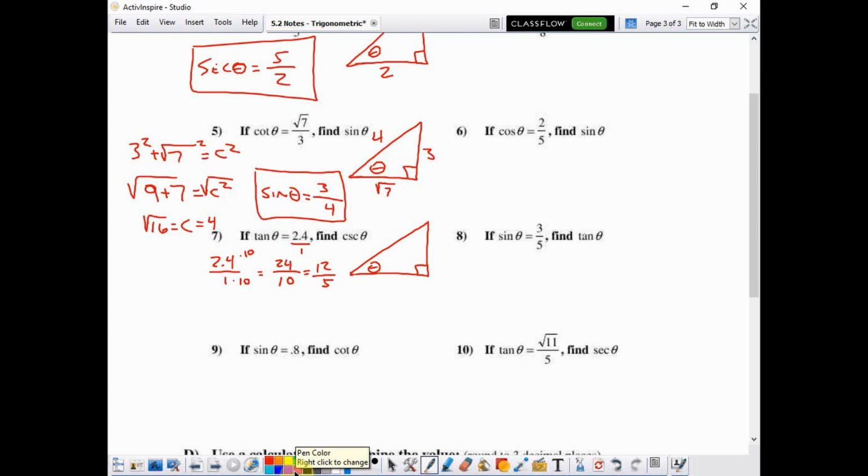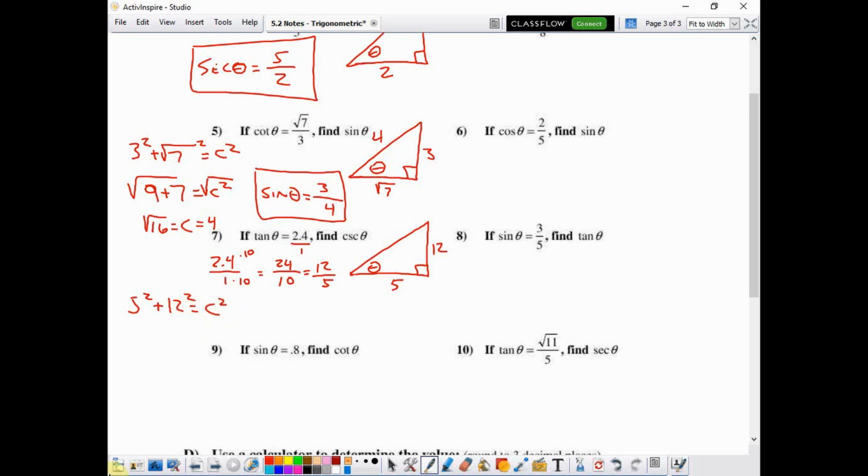So tangent is opposite over adjacent. 2.4 over 1 is the same ratio as 12 over 5, so my opposite over adjacent is in the ratio of 12 to 5. And I want cosecant, which happens to be the reciprocal of sine, and for sine or its reciprocal, I need hypotenuse. 5 squared plus 12 squared equals c squared.